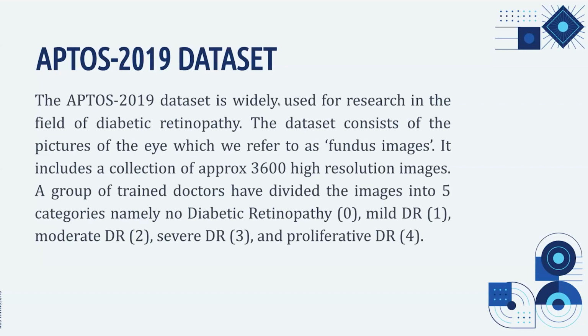A group of trained doctors have divided the images into 5 categories, namely no DR, mild DR, moderate DR, severe DR, and proliferative DR, numbered 0 to 4. So it's primarily a labeled dataset. The dataset roughly consists of 1,800 images which do not possess diabetic retinopathy at all, and the rest of the 1,800 images are classified into 4 different categories.